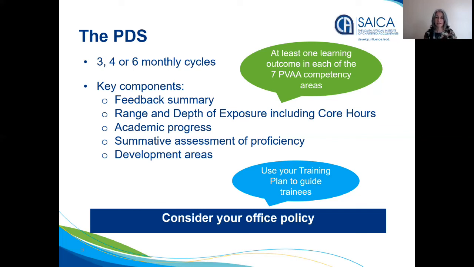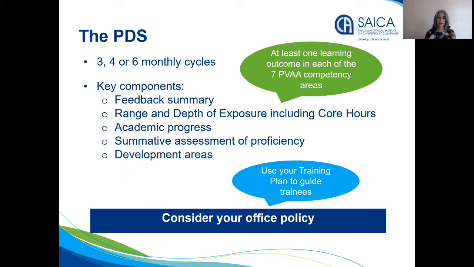Basically, what I'm saying is use your training plan to guide your trainees. The expected levels of proficiency set out in the training plan will prompt them in terms of where they need to focus. And the training plan, the integrated exposure plan, will give them an idea of the areas in which they should be gaining practical experience and perhaps also prompt some thinking around where they could be looking to learn or demonstrate certain acumens and professional values and attitudes.